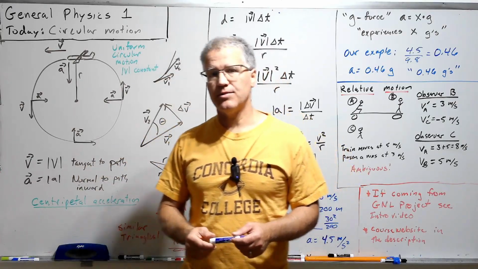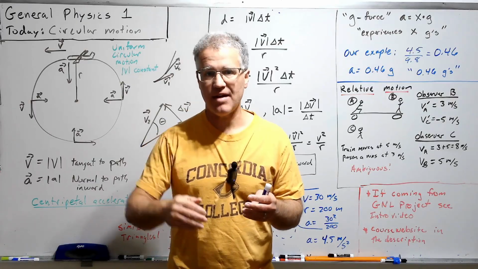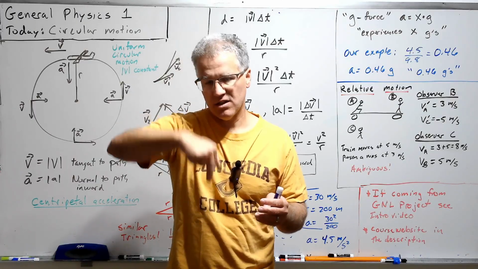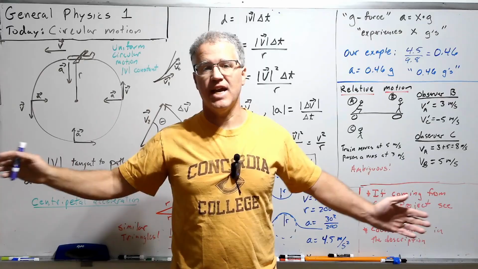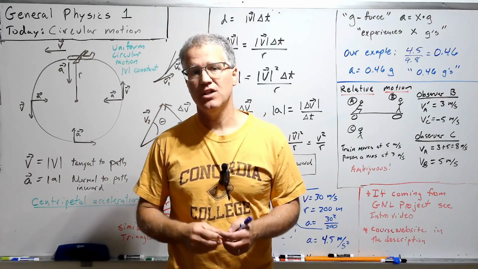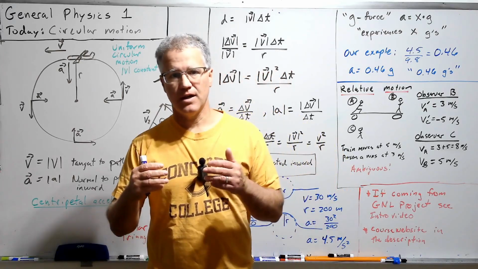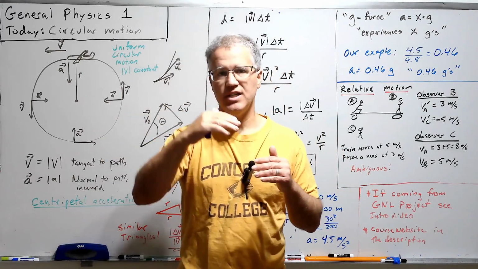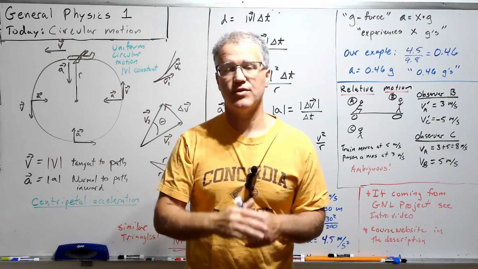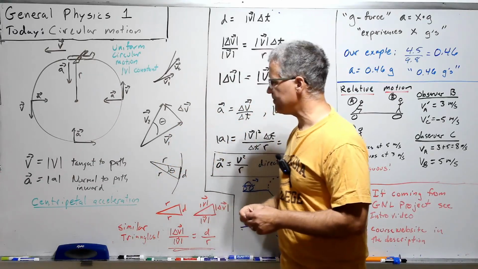Then we talked about projectile motion, and because gravity is always pointing along the y direction and the x and y directions are orthogonal, we saw that projectile motion broke into both a uniform motion in the x direction and then constant acceleration motion in the y direction.